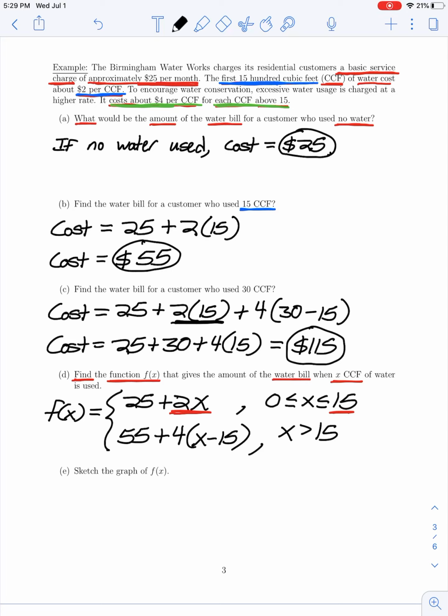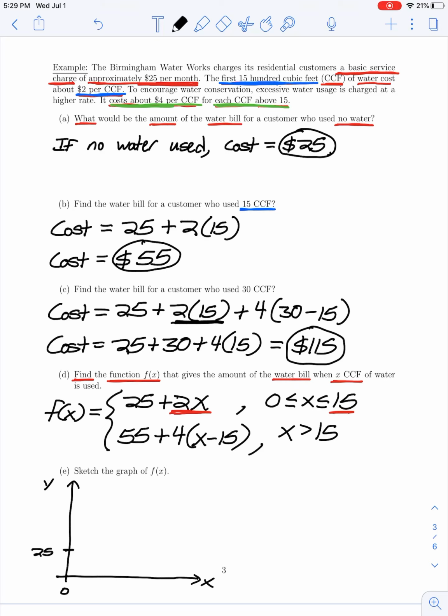And in part E, we are asked to sketch the graph of this function. So let's see if we can sketch this here. We're looking at, in the xy plane, points where we're starting from x equals 0. If no water is used, the initial charge to be a customer is $25.